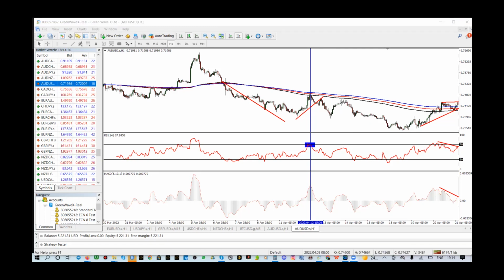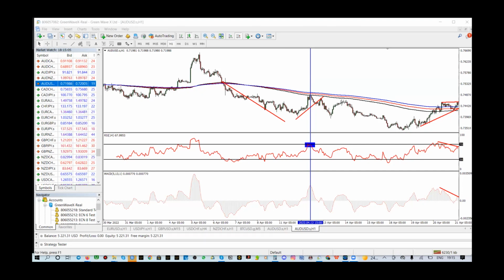The setting for the RSI is 14, RSI 14, and then 70 for the overbought and 30 for the oversold level. If you want to use the stochastic, the settings I like using are 10-3-3.